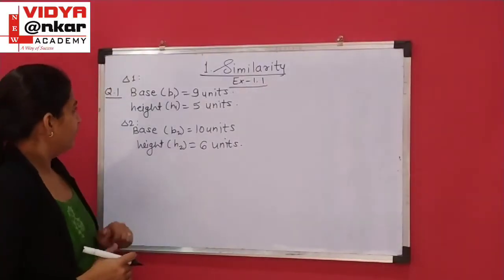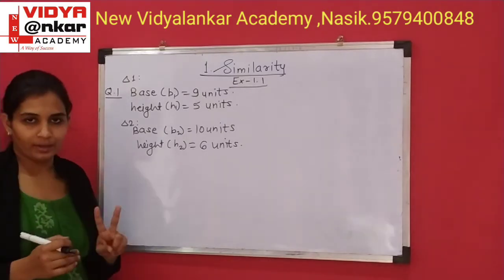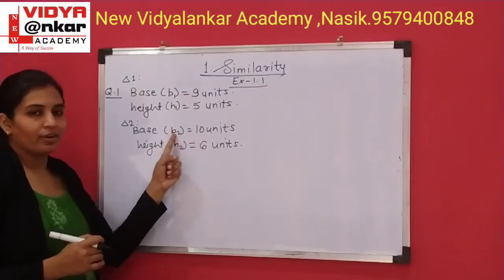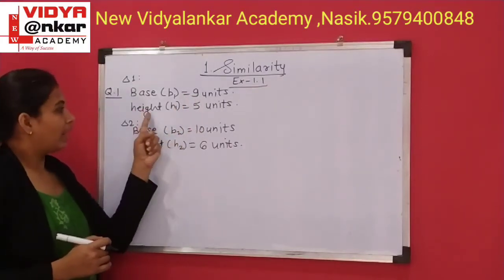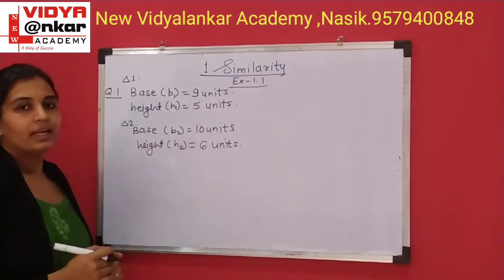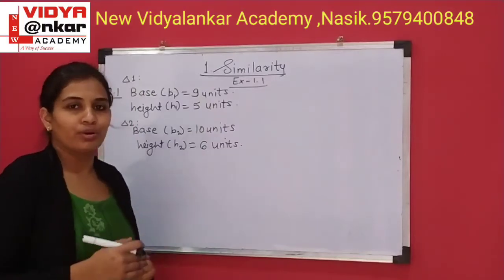Now students, in question number 1 of exercise 1.1, we are given two triangles. Base of first triangle is 9 units and second triangle is 10 units. Height of first triangle is 5 units and height is 6 units. And we have to find the ratio of areas of these two triangles.